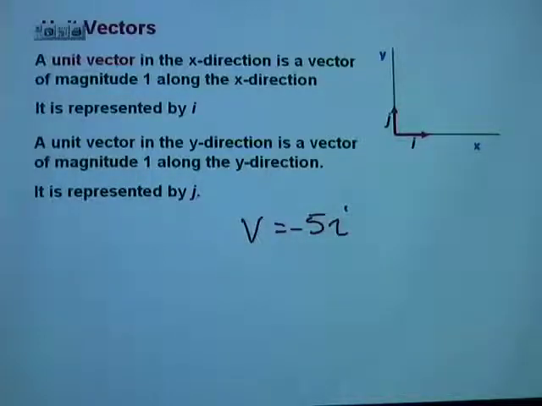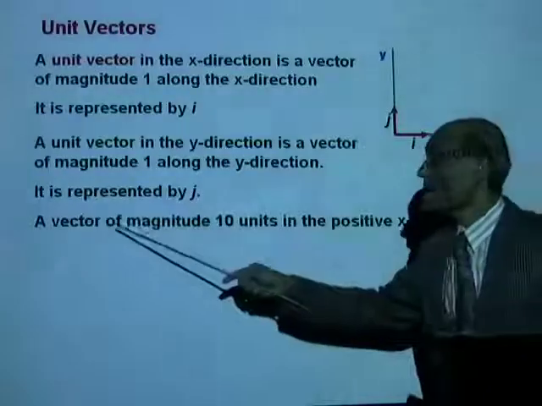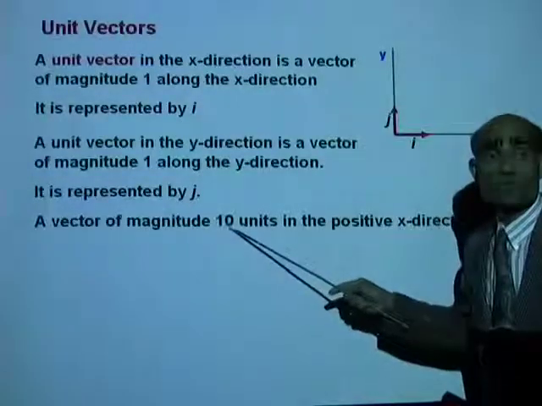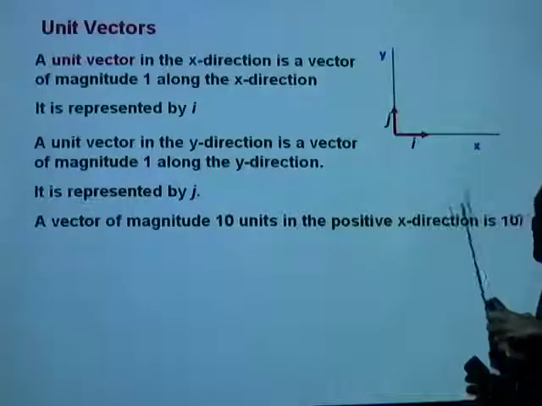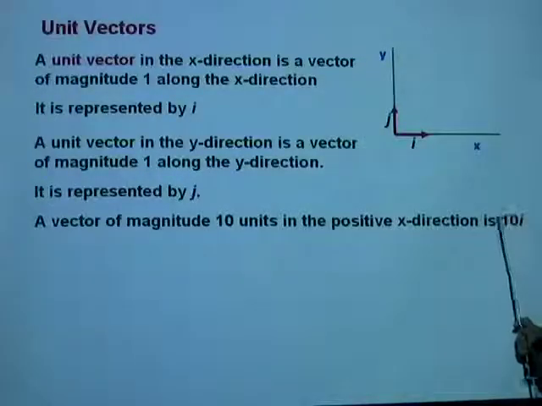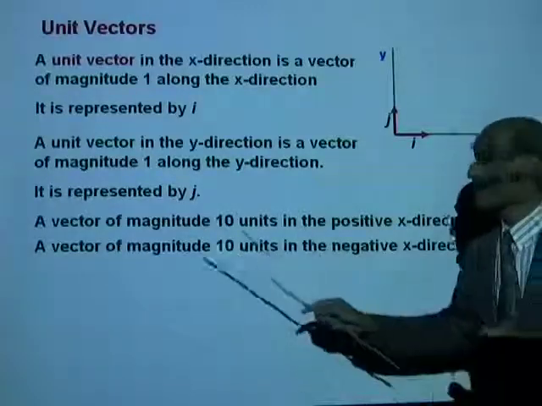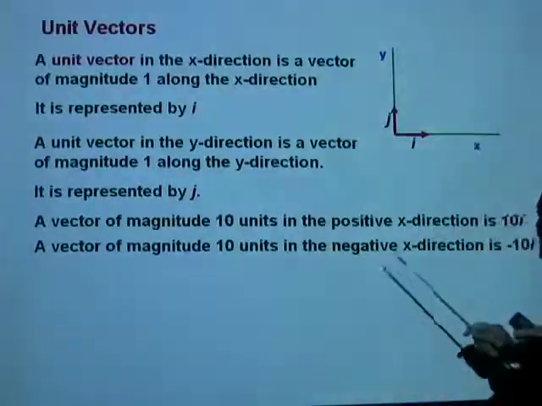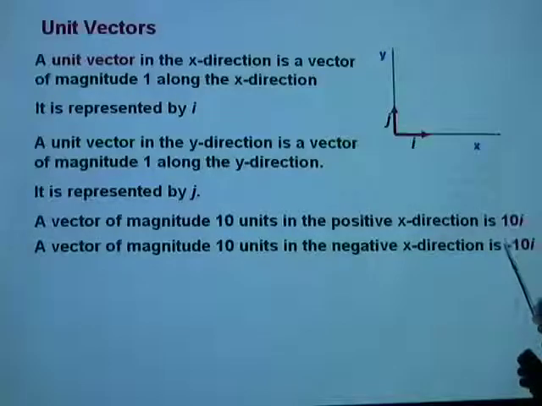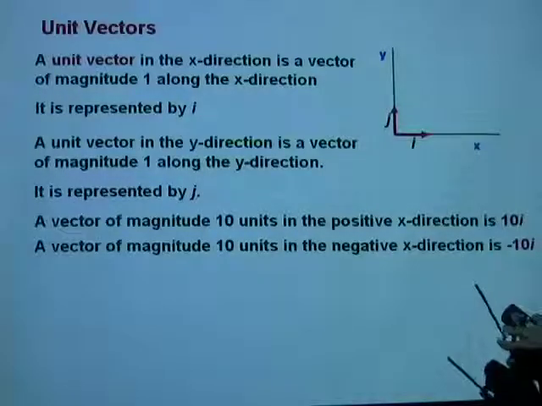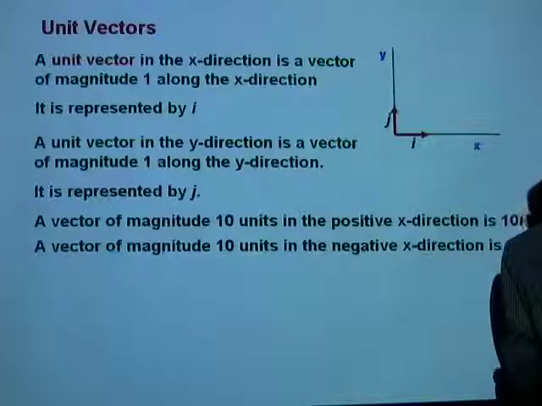We will be using all these concepts as we go on. A vector of magnitude 10 units in the positive x direction is 10i. A vector of magnitude 10 units in the negative x direction is negative 10i.